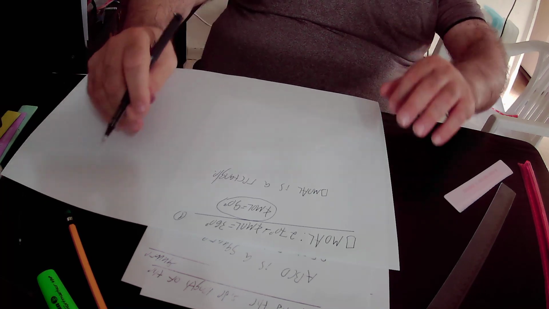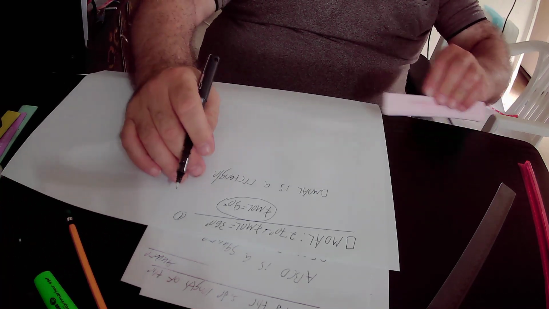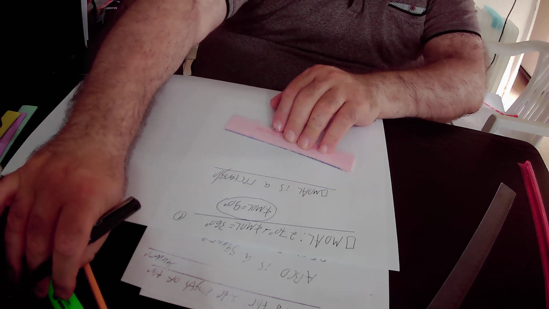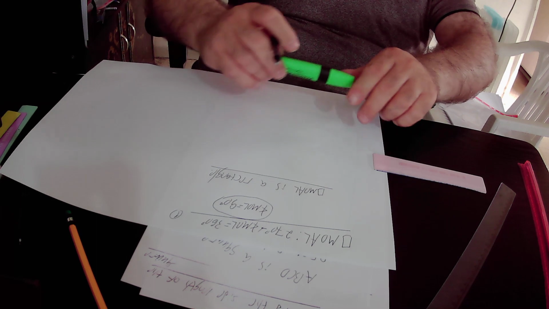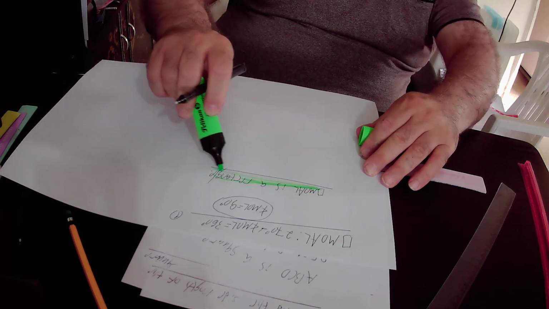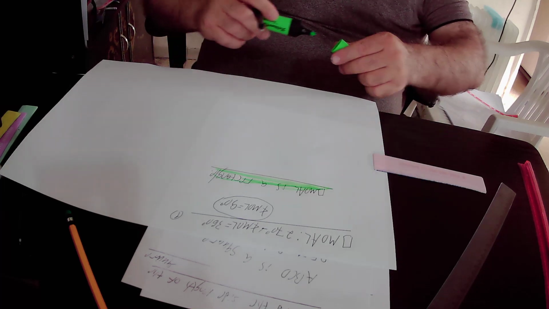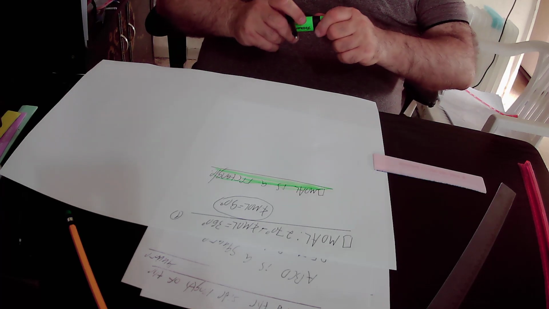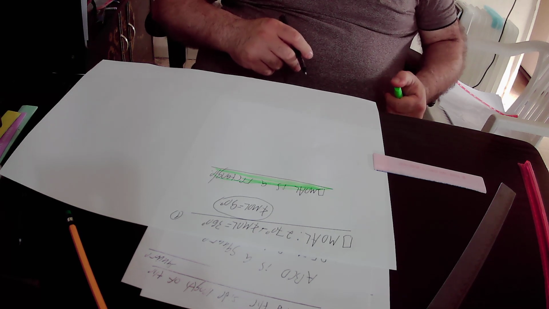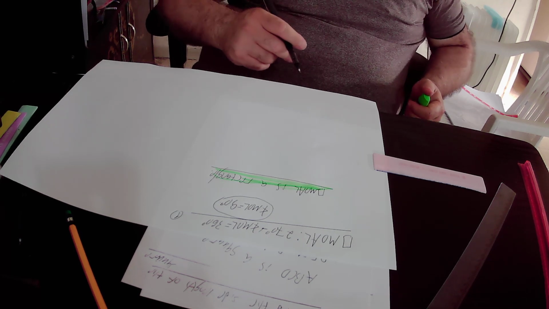Quadrilateral MOAL is a rectangle. Actually, it is at least a rectangle, so we relate to it as a rectangle. It could also be a square, but it must be at least a rectangle.